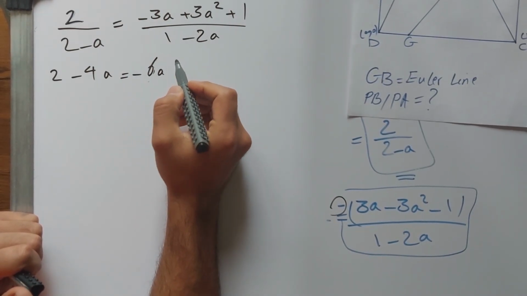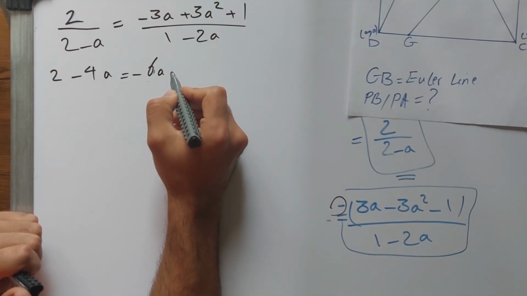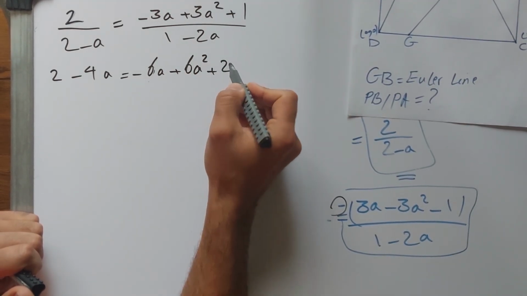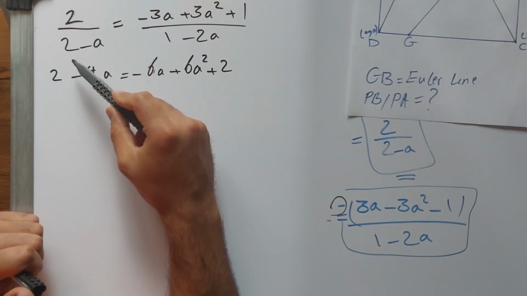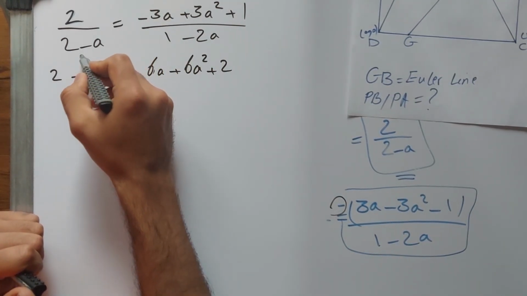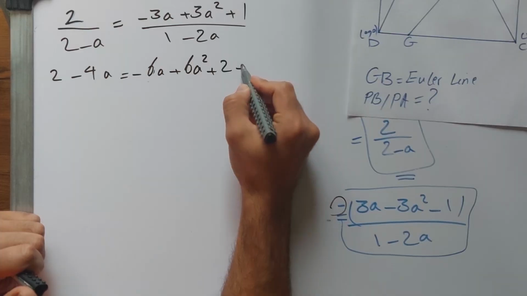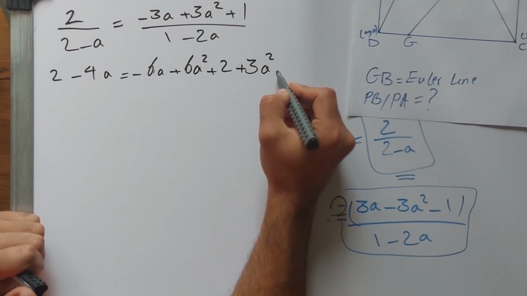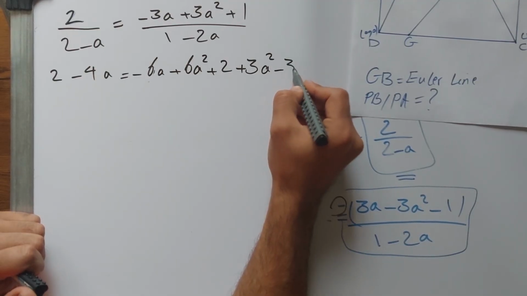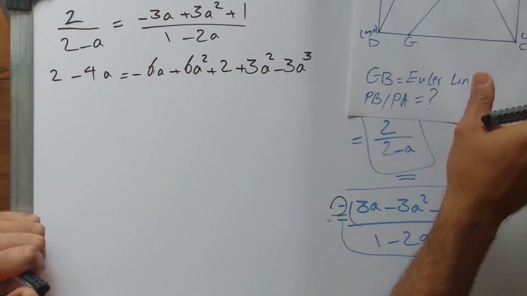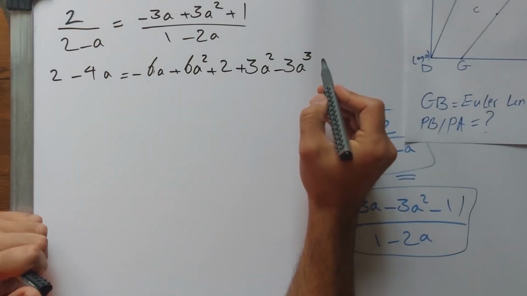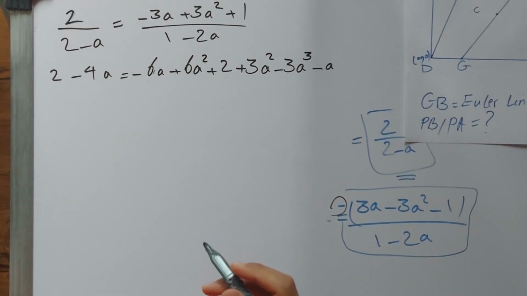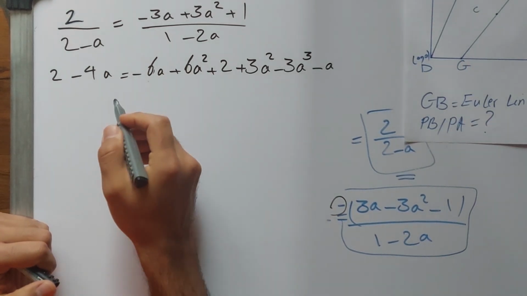Minus 6a plus 6a squared plus 2, and then this part as well, this minus a as well, we can apply that as well, so plus 3a squared minus 3a cubed, then minus a. Wow, that was long. So just pay attention to not make mistakes in this algebraic calculation.